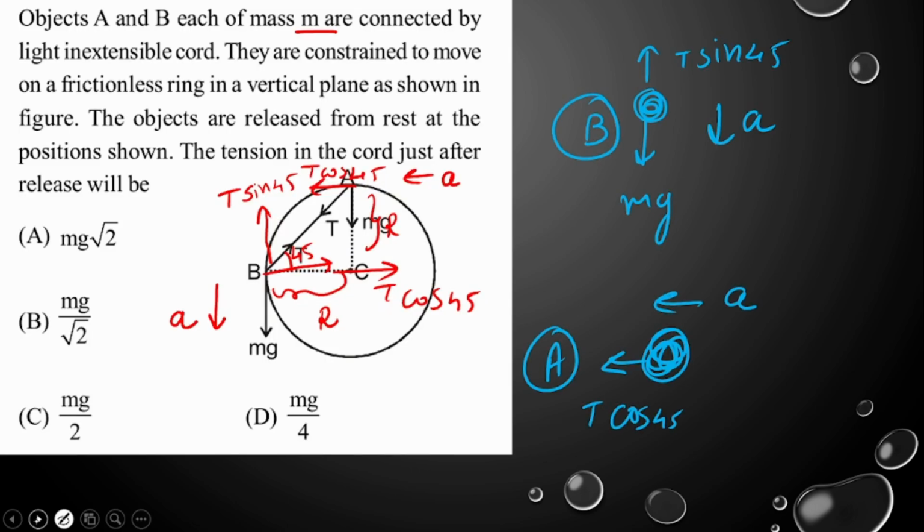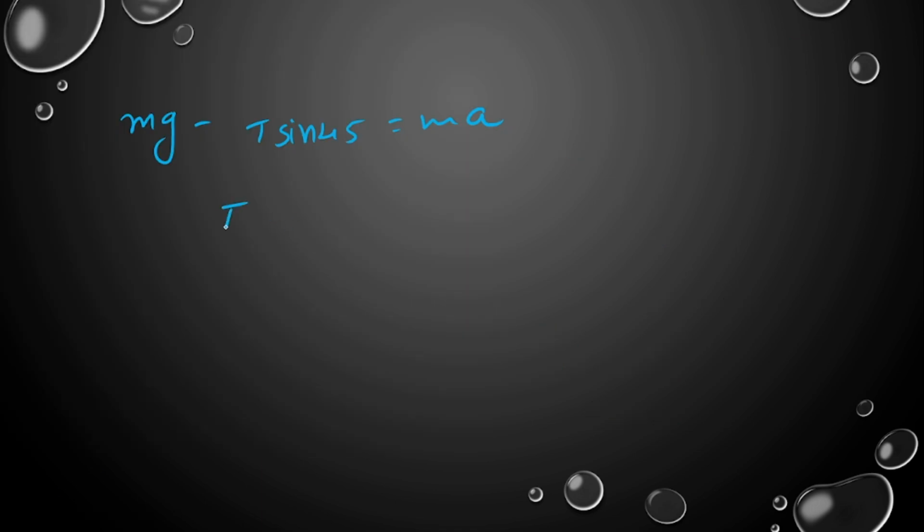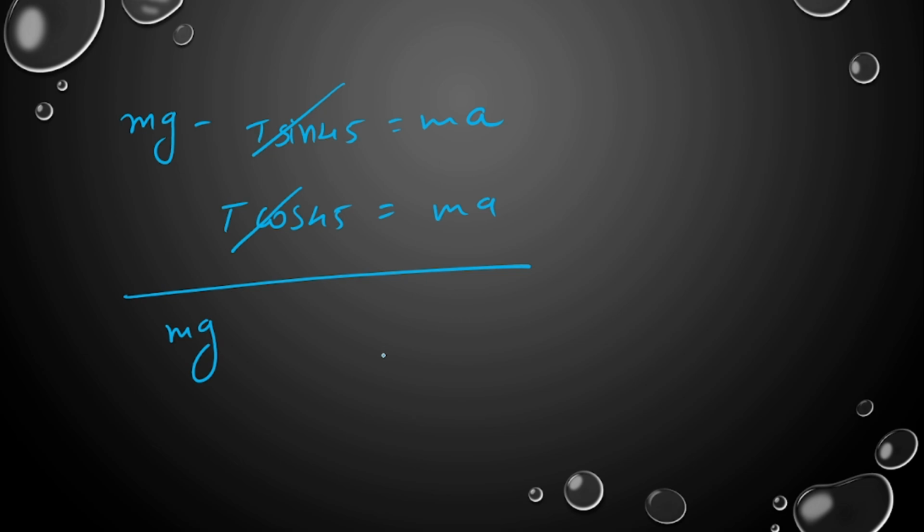So we will get the equation mg minus T sin 45 equals to ma, and the other equation will be T cos 45 equals to ma. So here we will have mg, T sin 45 and T cos 45 will cancel, so 2ma, and acceleration becomes g by 2.